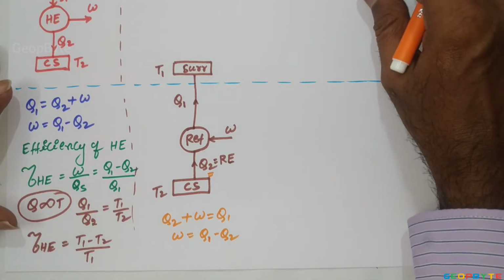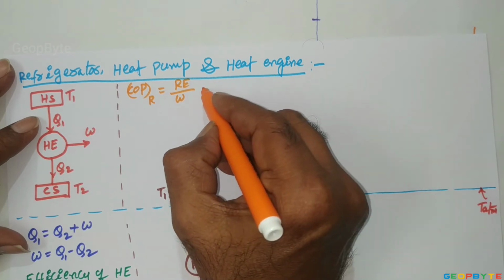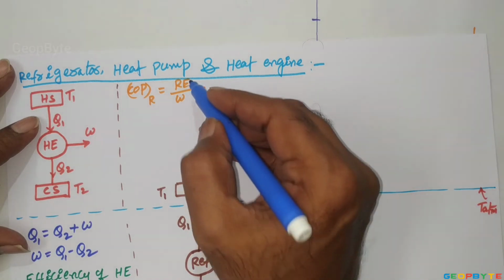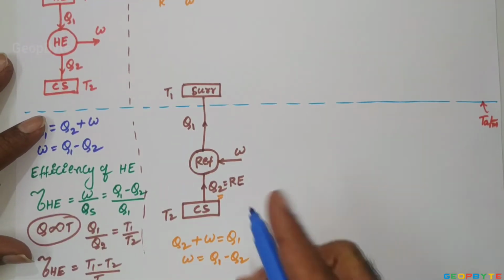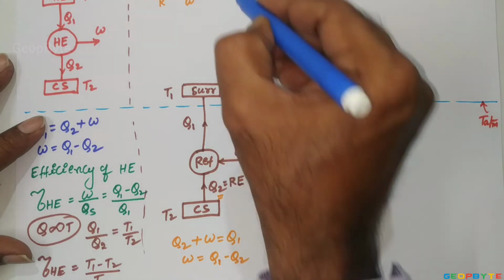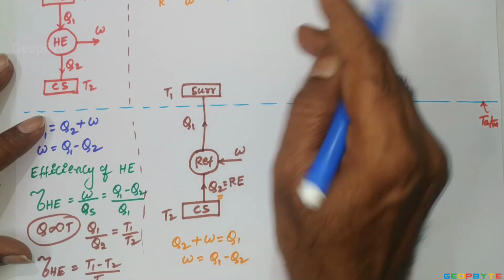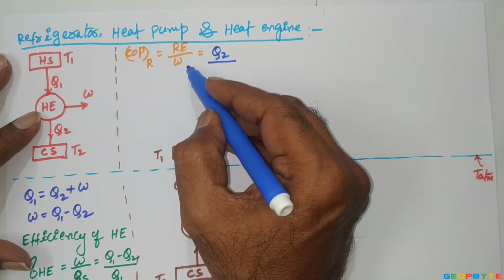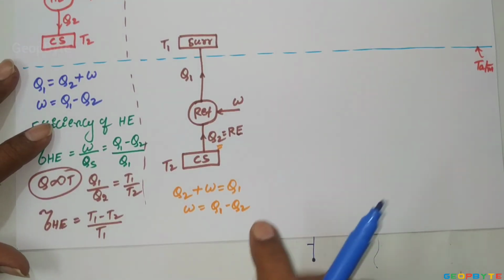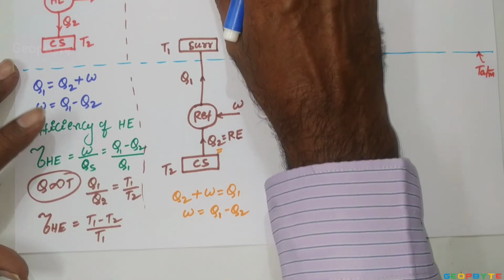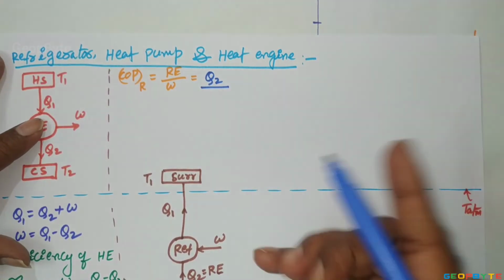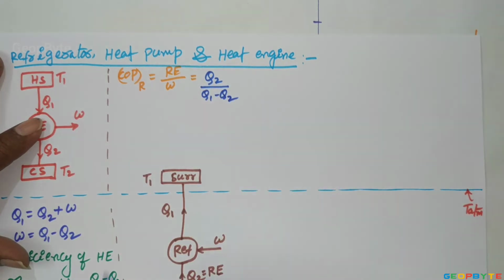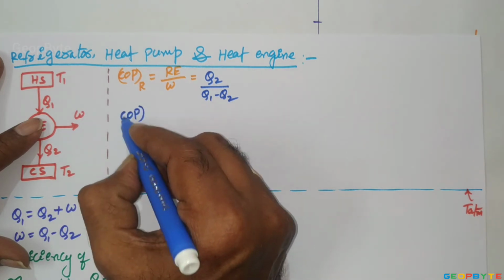Now the COP of the refrigerator is equal to the refrigeration effect, which is nothing but the amount of heat absorbed, Q2, divided by the work energy given to the system. Work energy given to the system is Q1 minus Q2. That is the COP of the refrigerator.